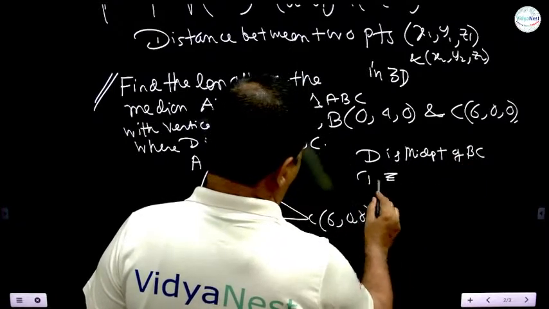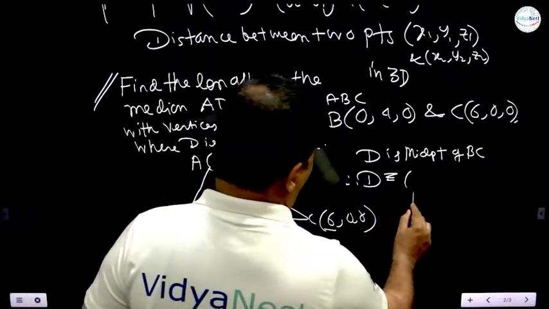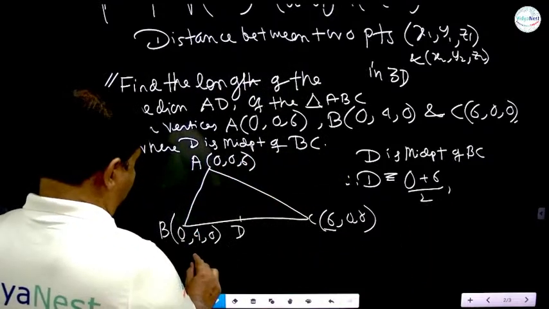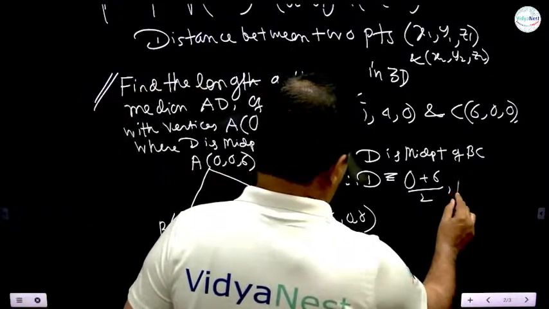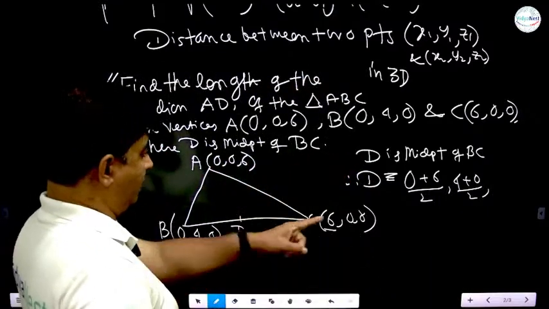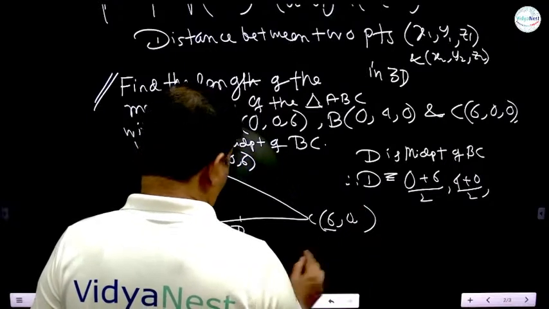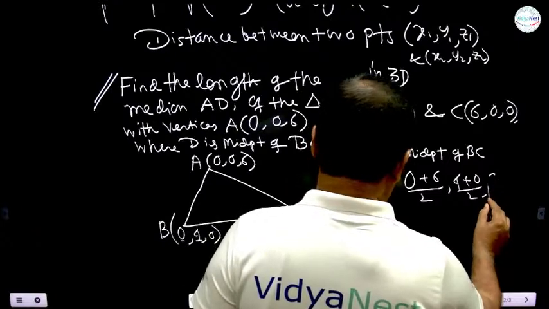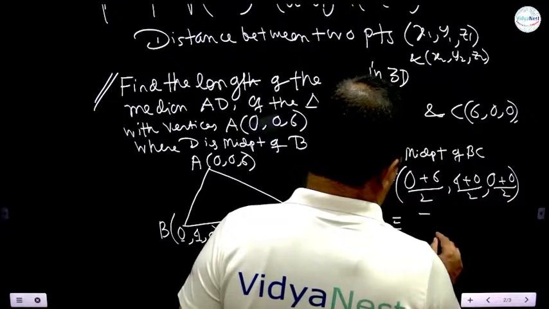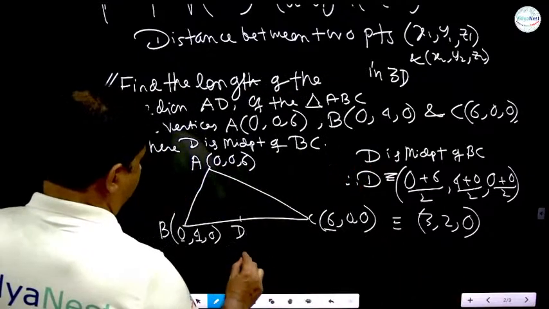Therefore, D is what? x1 plus x2 by 2, y1 plus y2 by 2, and last, z1 plus z2 by 2. That gives (3, 2, 0). So this point's coordinates.